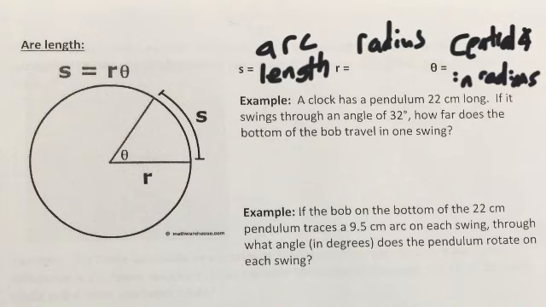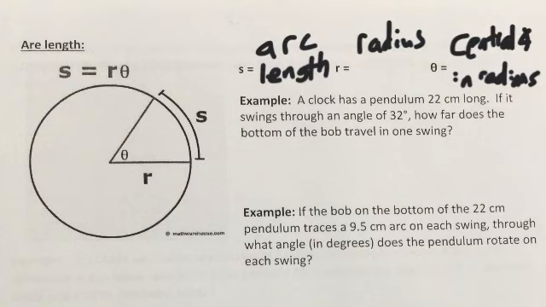So if you think about circumference, we're plugging in 2 pi for theta, and we're finding the circumference. C equals R times 2 pi, or 2 pi R. So it's the same formula. It just works in other situations when we don't want to know the entire circumference. We're just knowing a part of it.